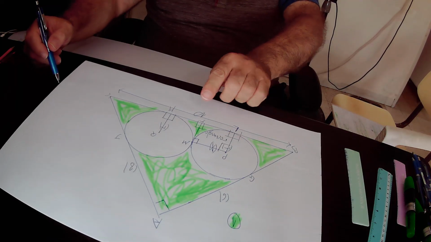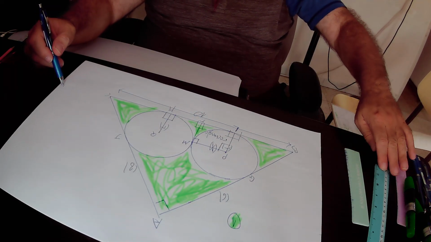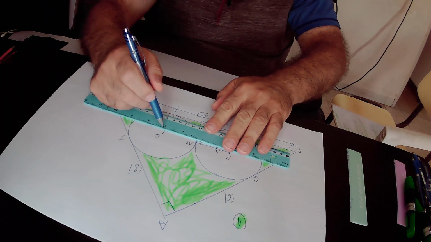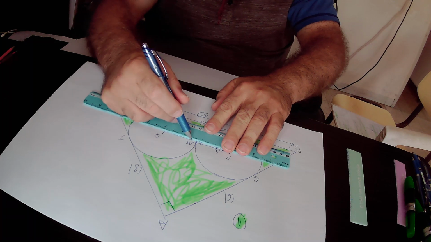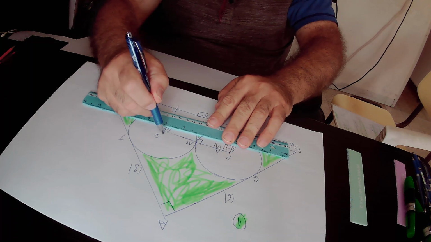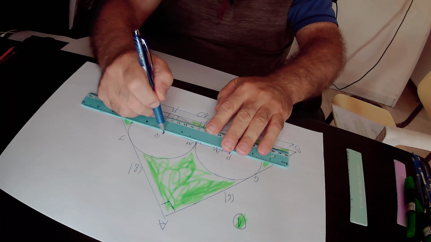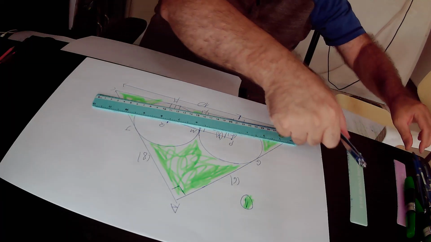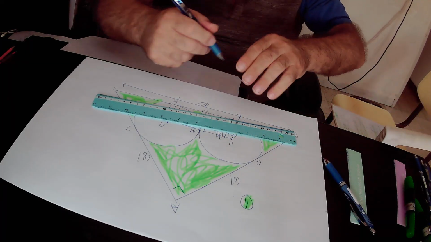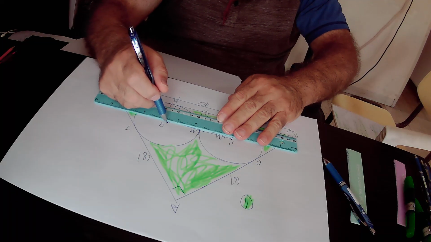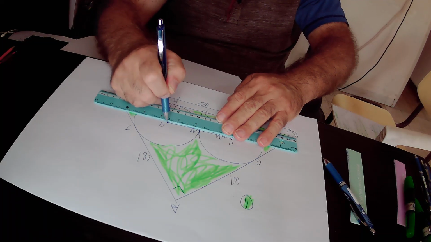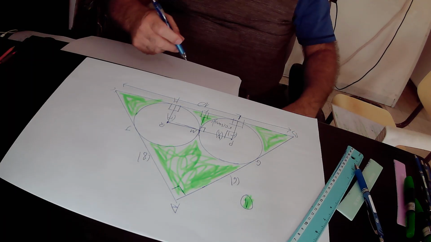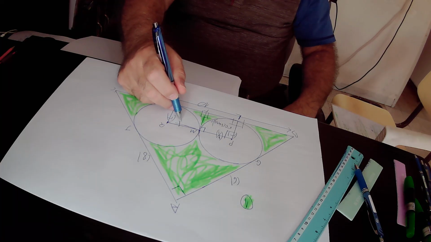In the next step, we join points Q and M together by a straight line. QM is of course the radius of this circle, equal to x.